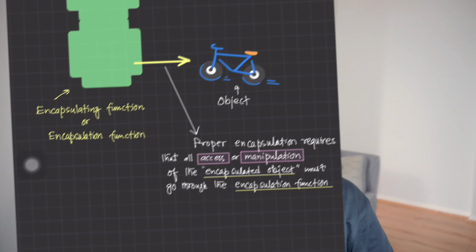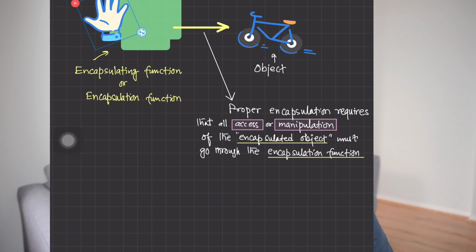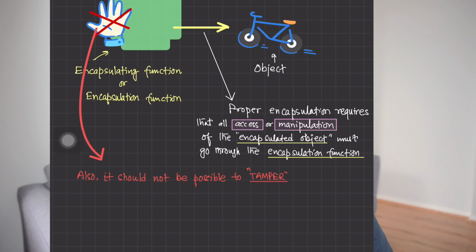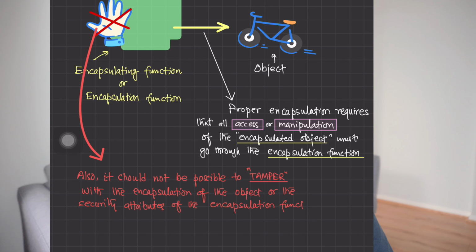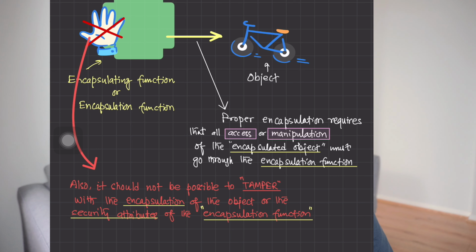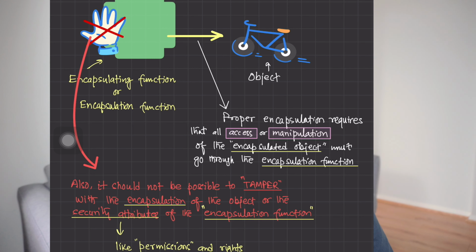Also, it should not be possible to tamper with the encapsulation of the object or the security attributes of the encapsulation function. So not only should the access requests pass through the encapsulating function, but the encapsulation function itself should be tamper proof. That's the second consideration we should have in mind.